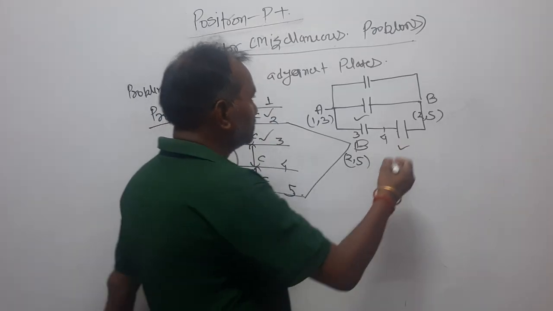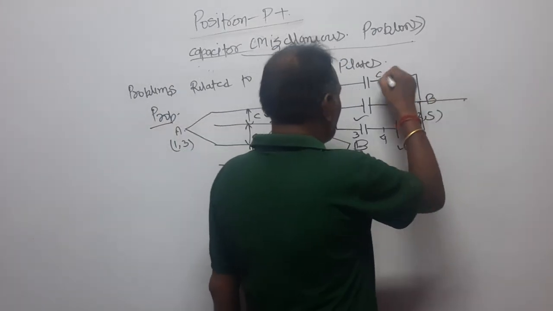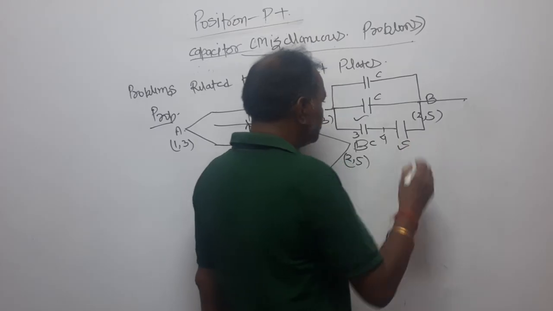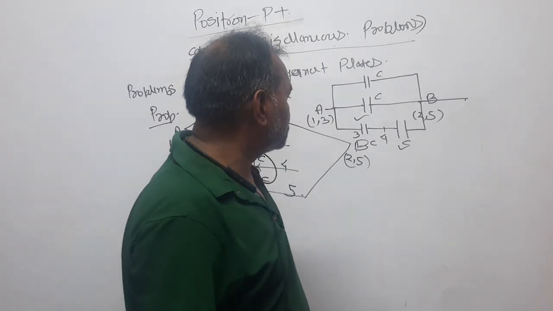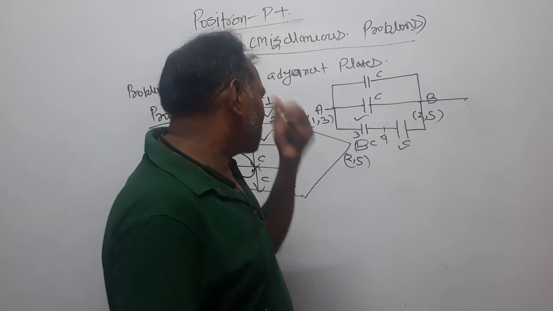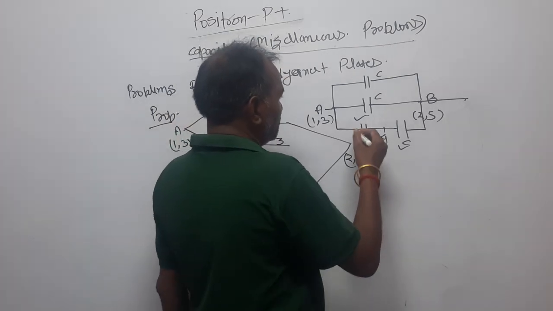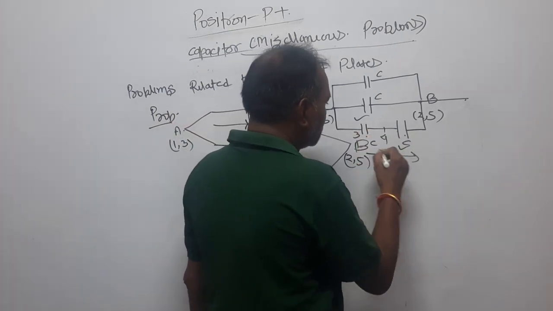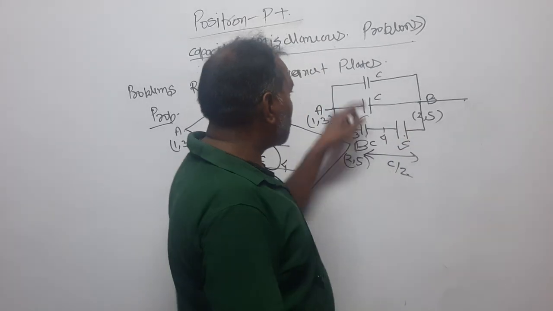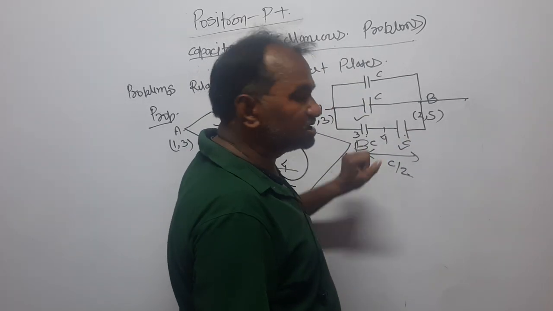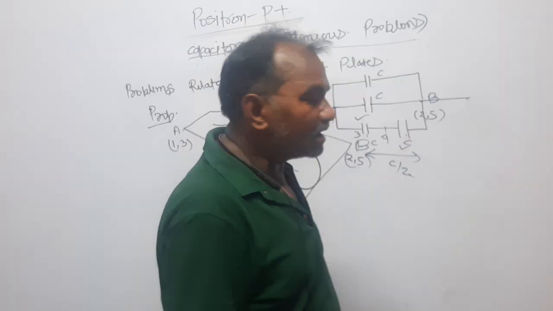Now dear student, it's very simple. These all are C, right? Now we have to find the equivalent capacitance between A and B. C and C in series, equivalent will be C by 2. Now all these, C and C by 2, are in parallel combination.